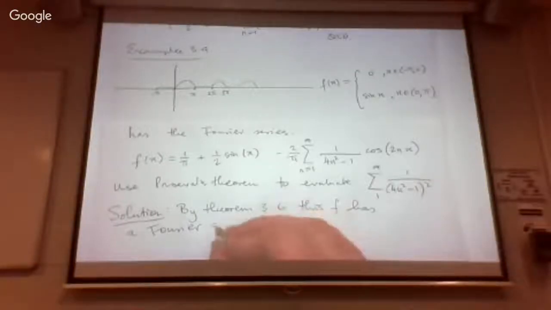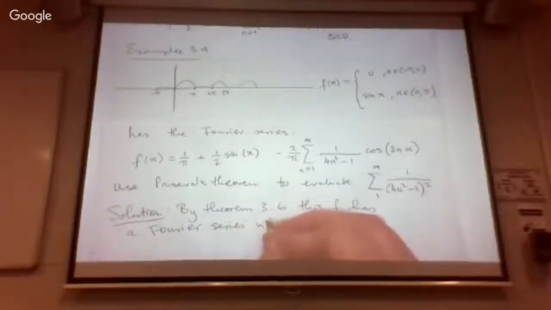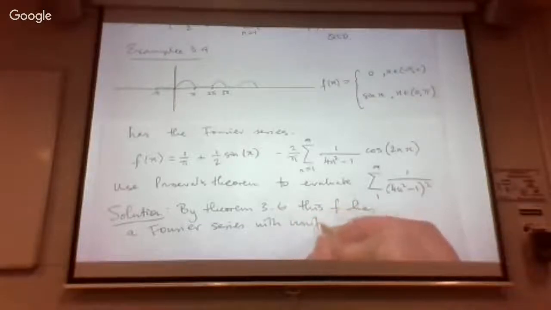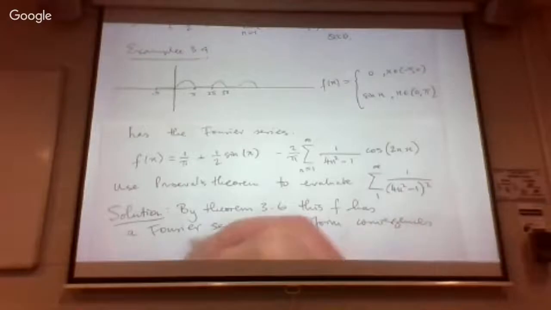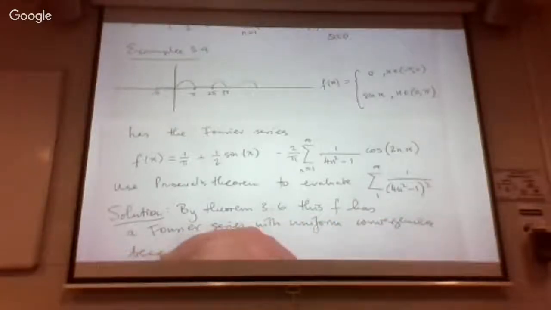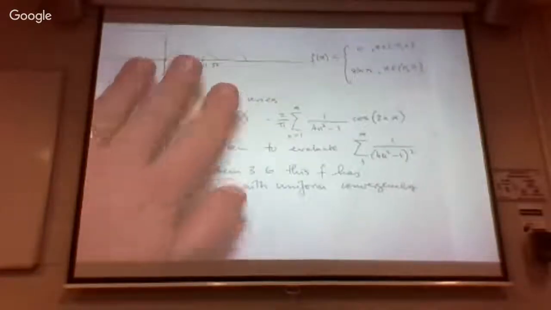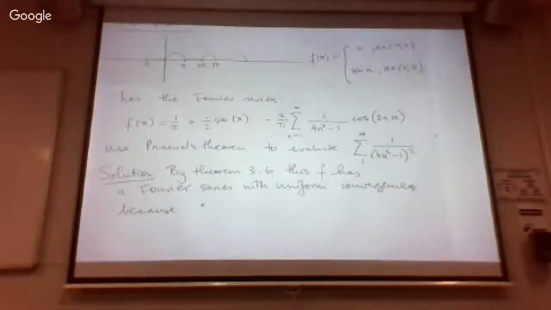Okay? Has a Fourier series with uniform convergence. Because there are 3 conditions you have to list off for the application of theorem 3.6, all of which can be judged from the definition of the function.